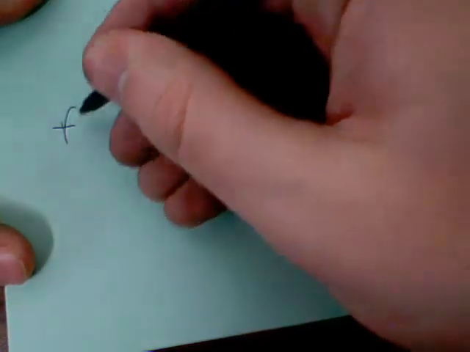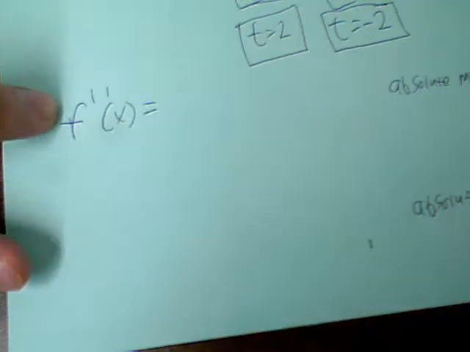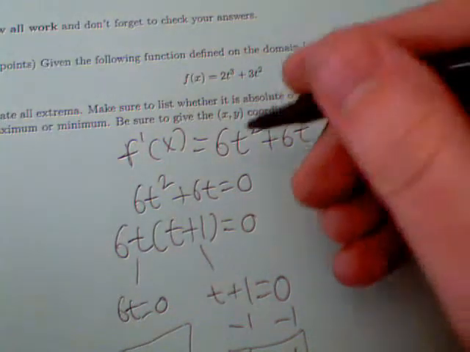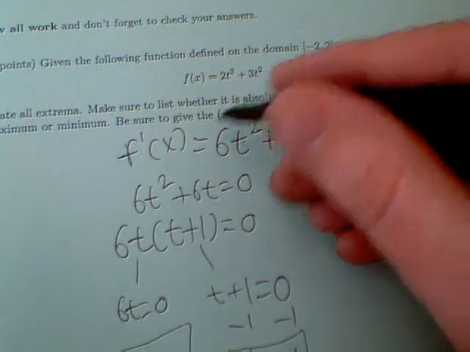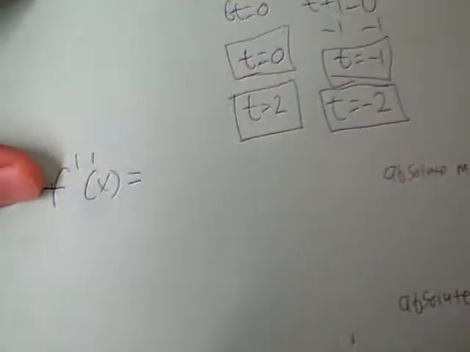So I'm going to use the second derivative test, because I think we need a little more practice with that. So f double prime of x. For the second derivative test, we need to take the second derivative. First derivative is this guy. So the derivative of the first derivative is 12t plus 6. That gives us our second derivative.